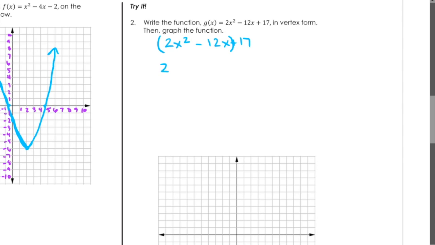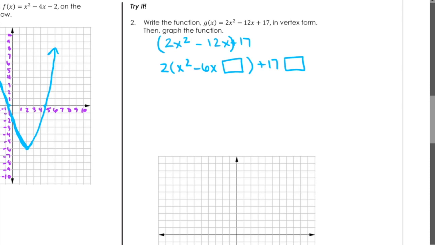So I take my 2 and I put 2 divided by 2, well that's x squared. Okay, negative 12 divided by 2 is negative 6x. And then we're going to put a box here and close that parentheses like we did before. Okay, then I do plus 17. Okay, and then we're going to put another box here because we got to figure out what goes in these 2 boxes.